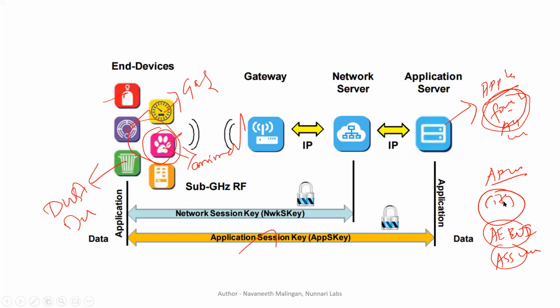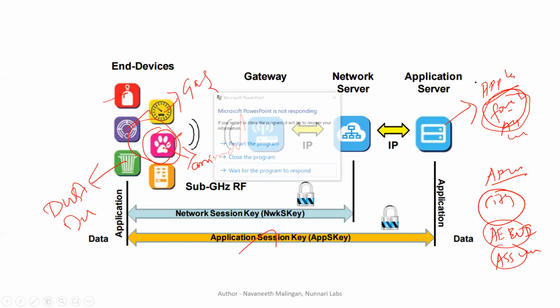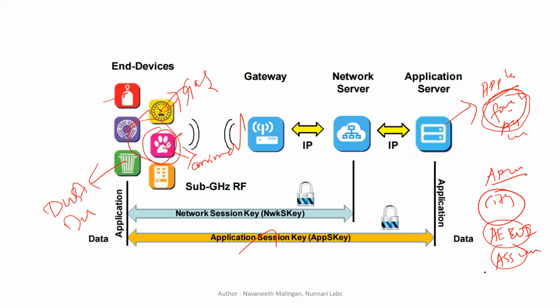So even though we have different end devices for different applications, on both sides you can use a common gateway and network server. These 128-bit network session key and application session keys are used to preserve the data integrity in the network. So that's how things work.